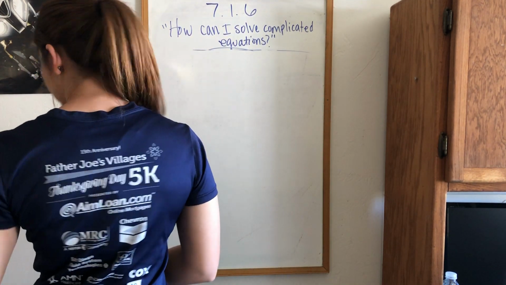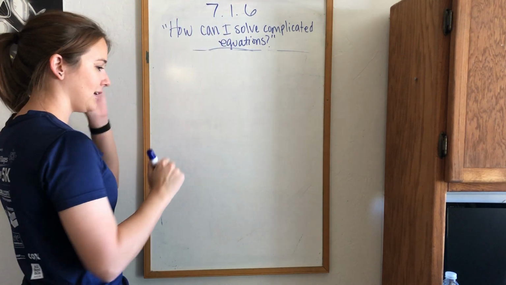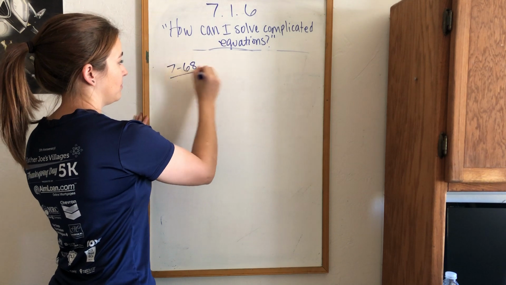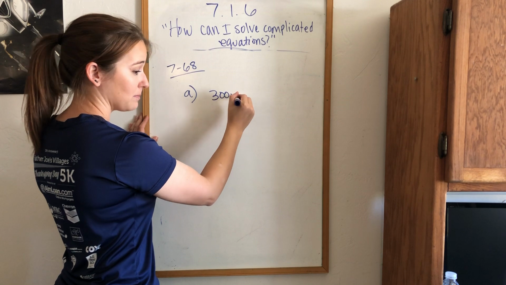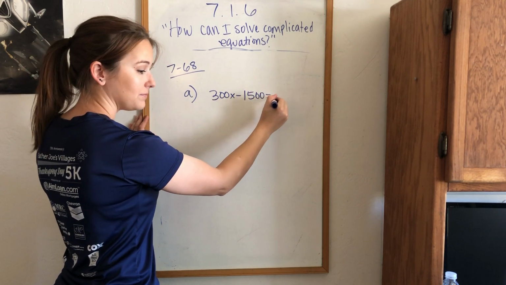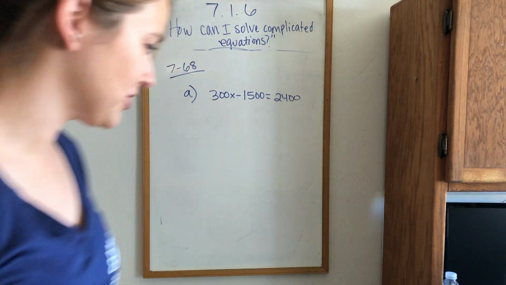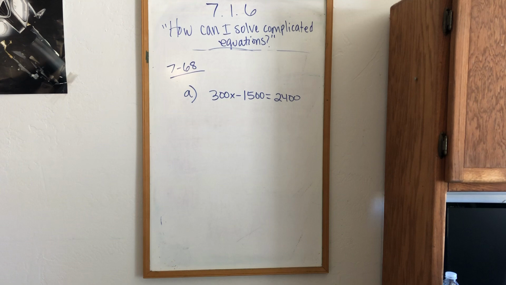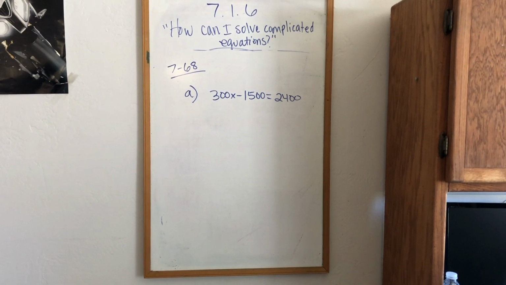Okay, I'll do 768A, but you guys are gonna do B too. This one's 300x minus 1500 equals 2400. So now it's asking, use fraction busters in reverse to rewrite these equations with smaller integer coefficients.